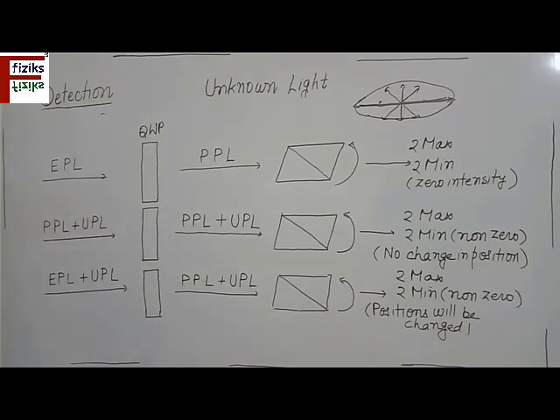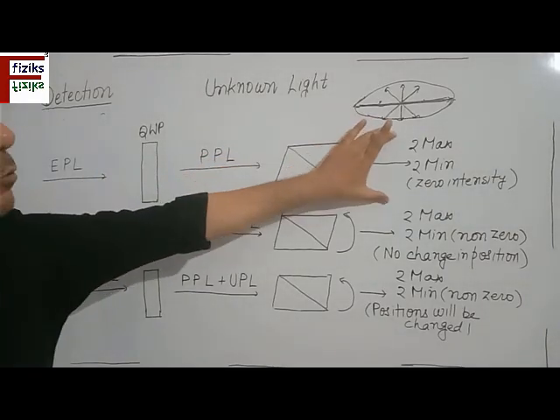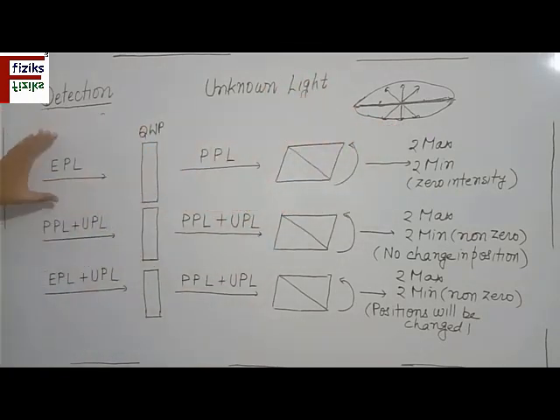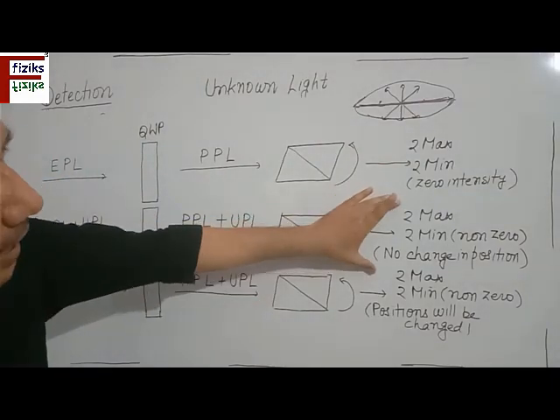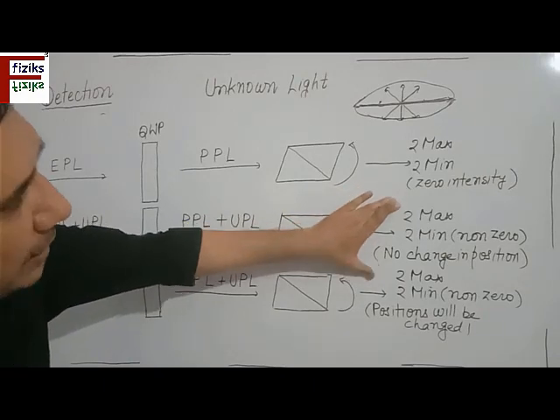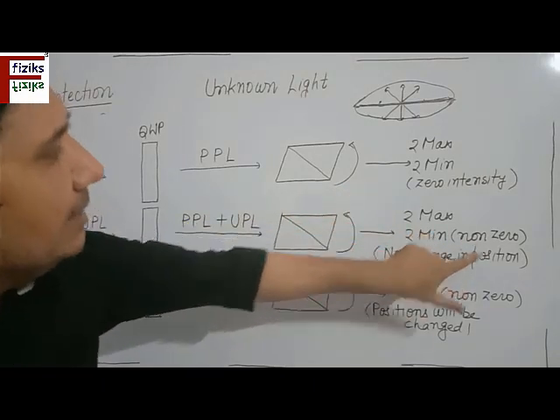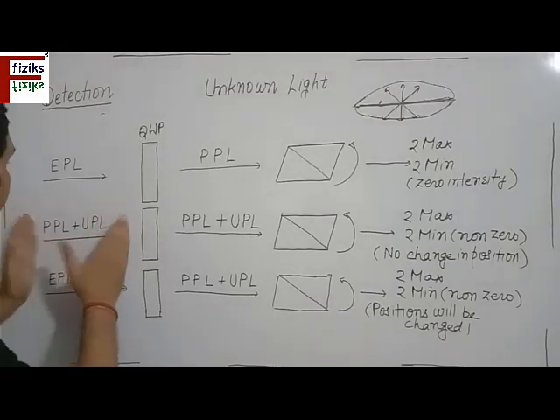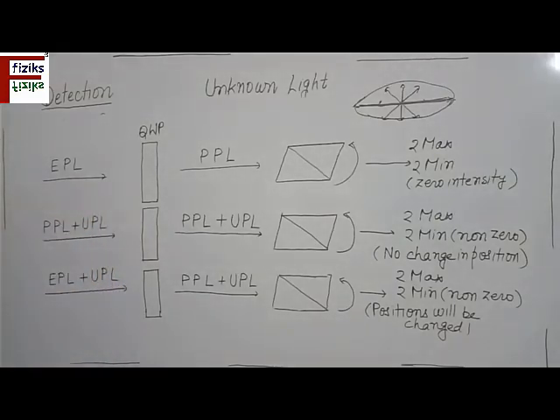If on the emergent side we get two maxima and two minima with zero intensity, then we will surely say that the incident light is elliptically polarized light. If on the emergent side we have two maxima and two minima with non-zero intensity, and their positions remain the same, then we will say that the given light is PPL plus UPL.